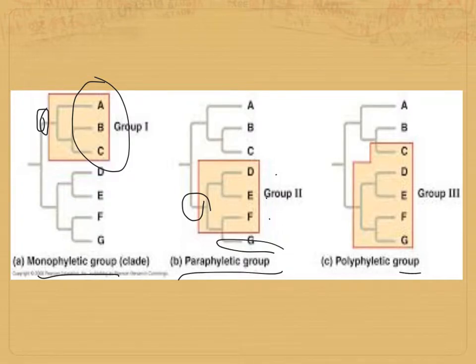And then finally, we've got the polyphyletic group where we have an ancestor here, but we've also included organism or species C over here, which has this ancestor or that one. So it includes this ancestor and all of its descendants plus another ancestor.